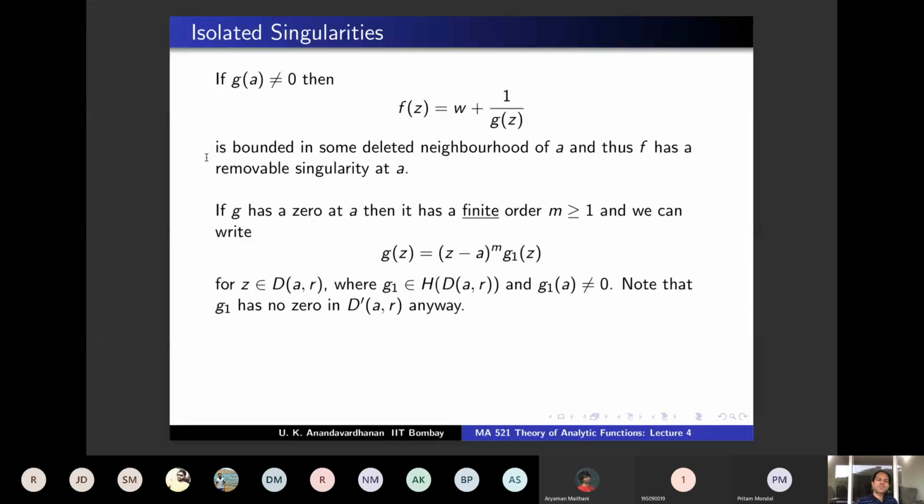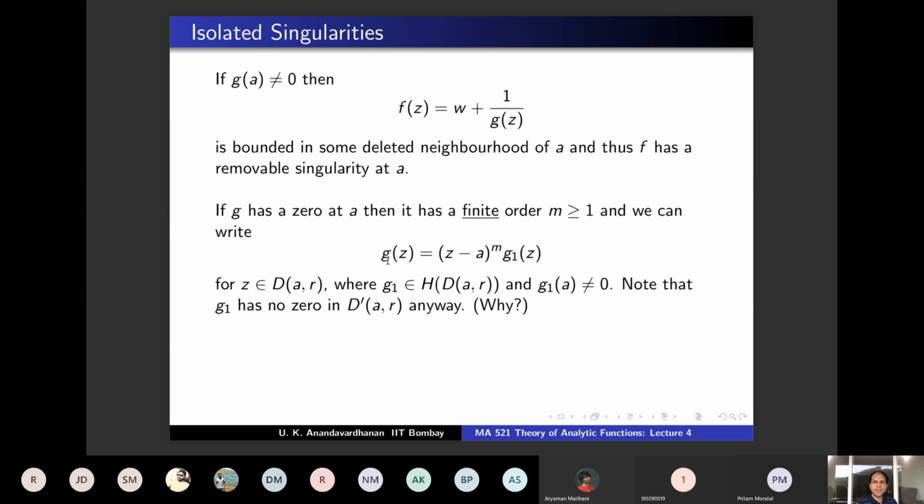And g1 has no zero on the deleted neighborhood anyway. Why is that? That is because zeros are isolated. G has a zero at A and G is holomorphic, therefore A has to be an isolated zero, and therefore in this neighborhood there is no other zero. Wouldn't we have to go to a possibly smaller neighborhood for g1 to have no zero? Yes, that's correct.